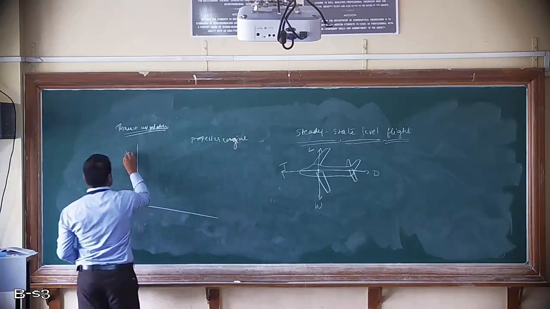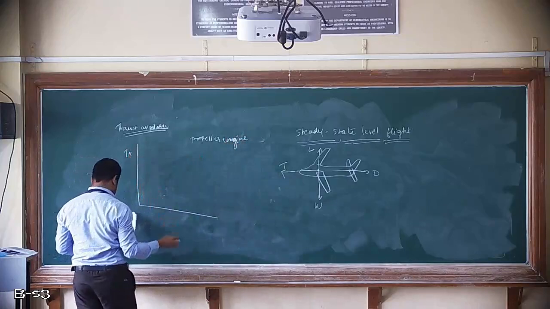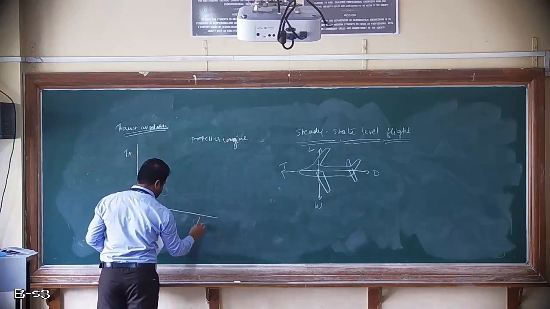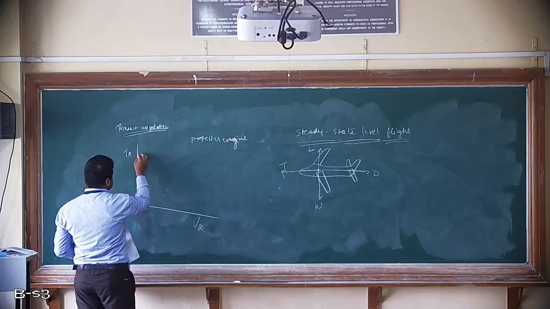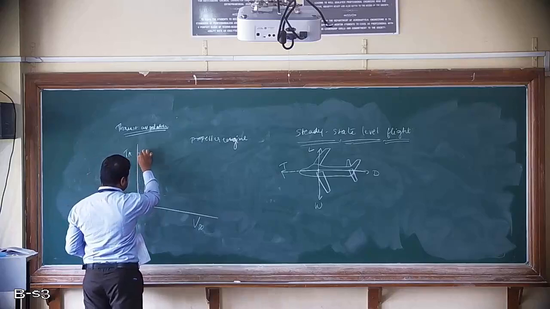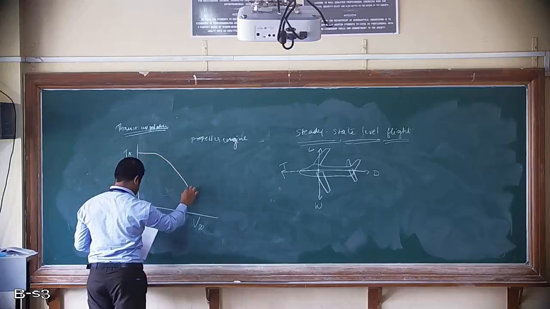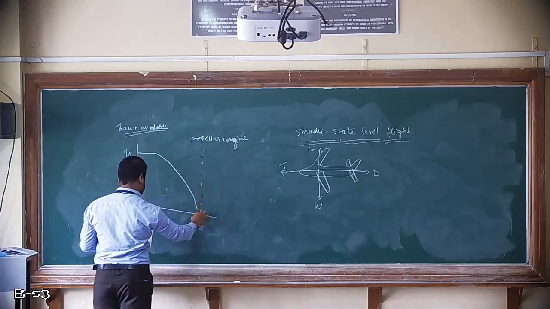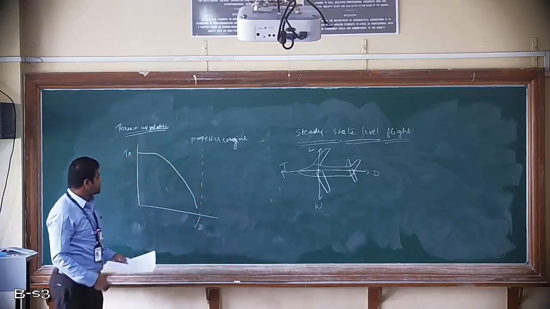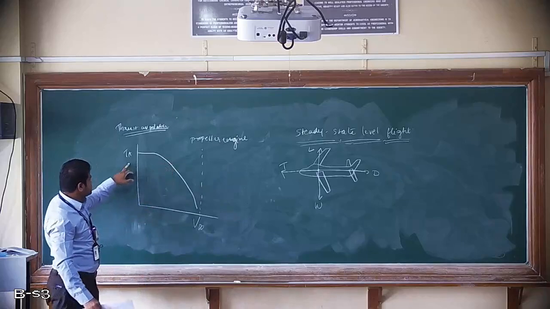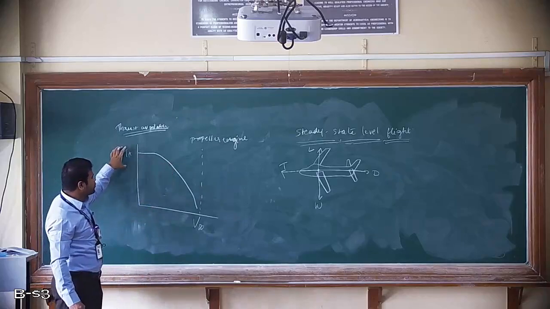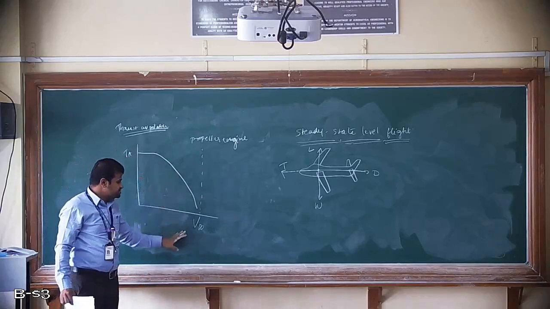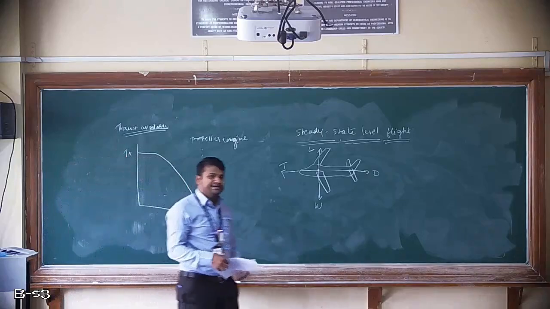So thrust available, and this will be your V infinity airspeed. Basically the thrust available will be more, and then it starts reducing. For a propeller engine, thrust available will be more, but it starts reducing as airspeed increases.